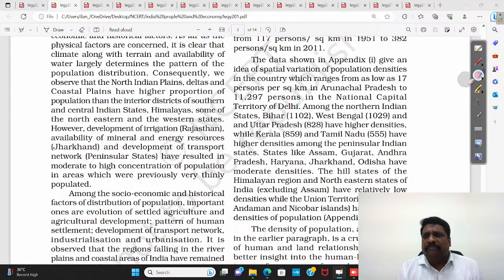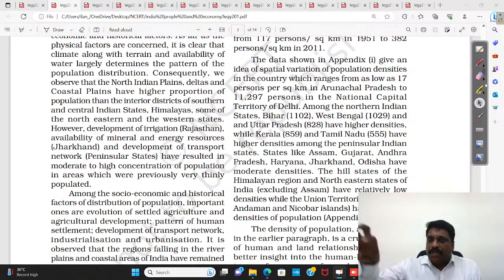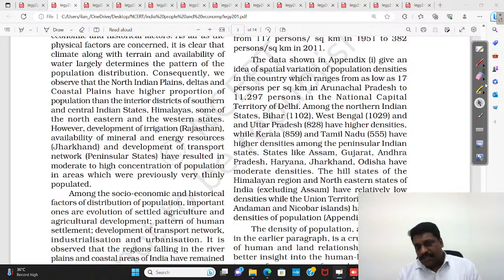Not only that, this logic you can apply everywhere. Whichever state has a higher percentage of plains, the density of population will be higher. Of course, exceptions will be there. You can apply this logic in the northeastern states also. Take any physical map of India, analyze a state and look for the plains.